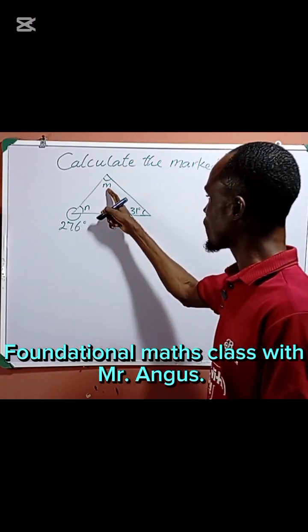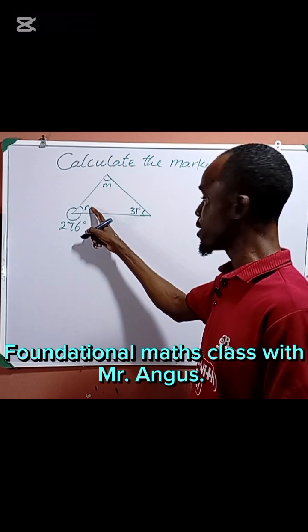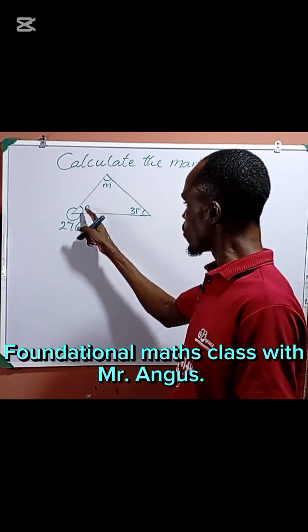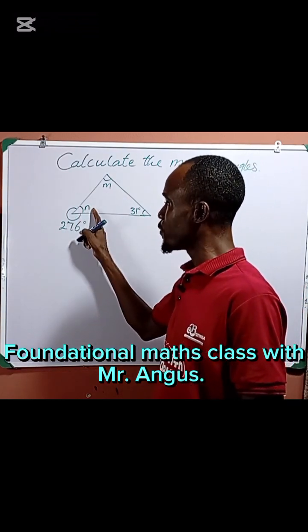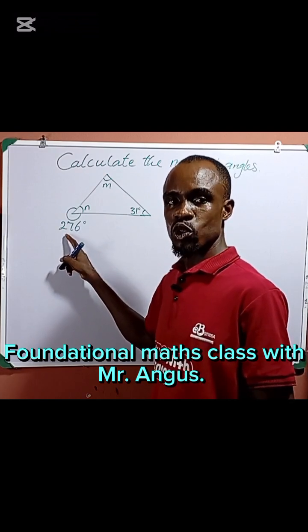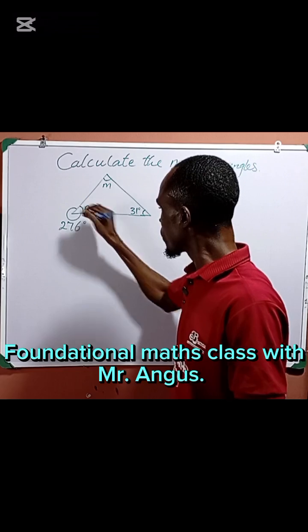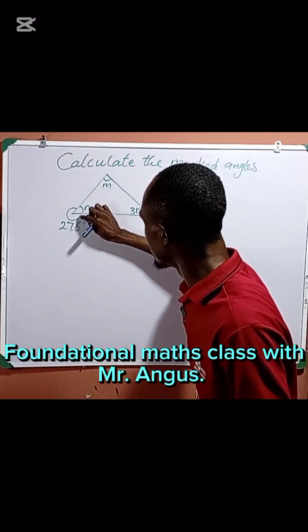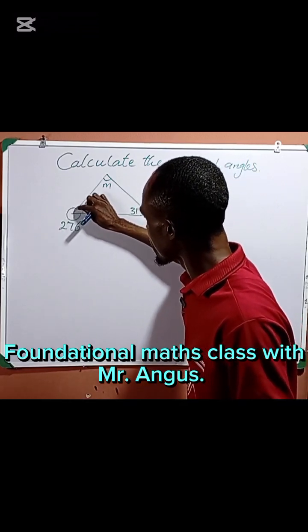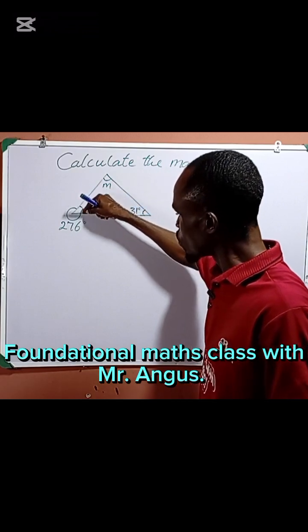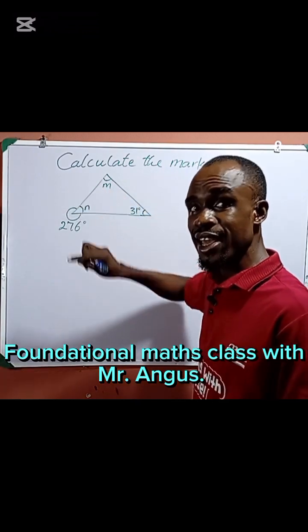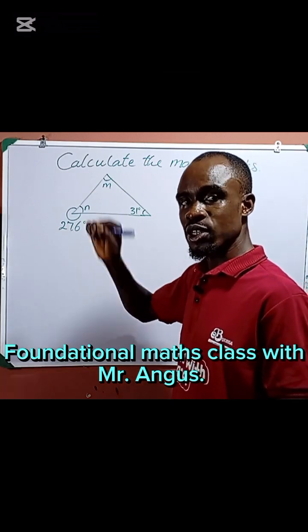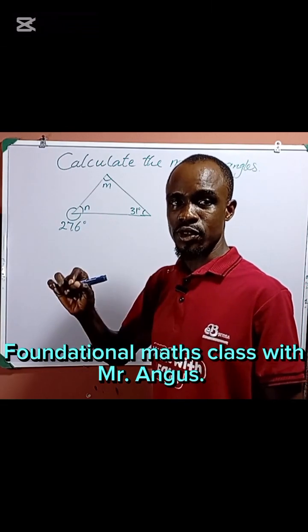Now looking at this, we cannot find the value of M because we don't know what M is here. But we can easily find the value of N since we have a clue of 276 degrees. Looking at this, you will observe that we have from this point to this point, and it remains this little part here to make it a complete turn, which is equal to 360 degrees.